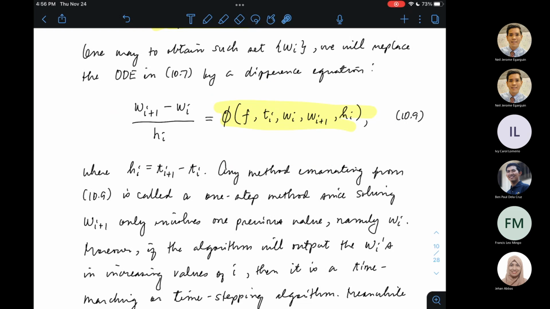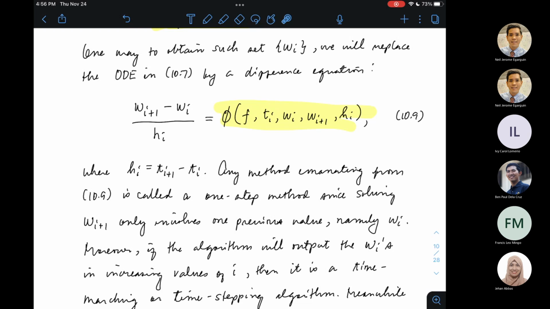So basically, in solving for w sub i plus 1, all we need would be w sub i and the t sub i's possibly. All right? Kaya siya one step. Kasi kailangan mo lang yung value ngayon para ma-predict yung susunod na value. Pag nandun ka na sa susunod na value, isa lang previous function value yung gagamitin mo to get to the next one. All right? Kaya siya one-step method yung tawag.